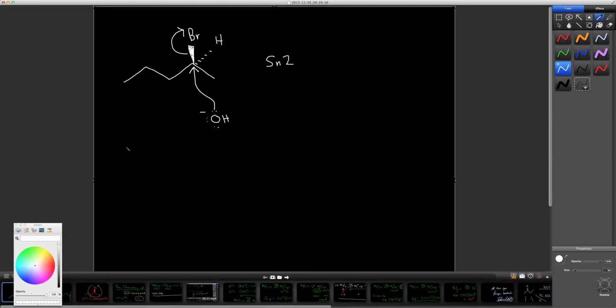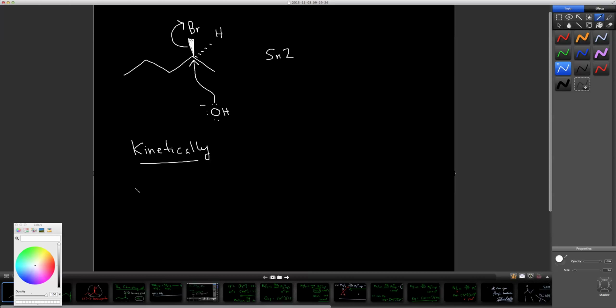What it means is that kinetically, the rate of this reaction is dependent upon the concentration of what we call our substrate, and also the concentration of the nucleophile.